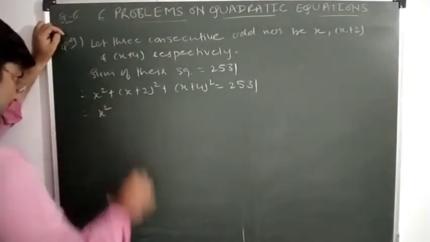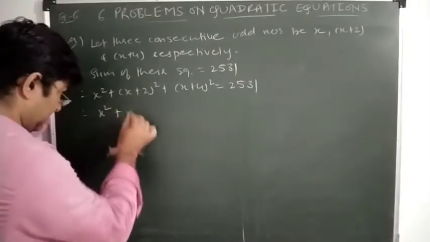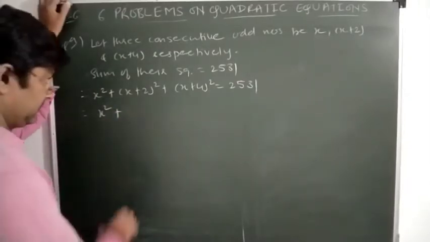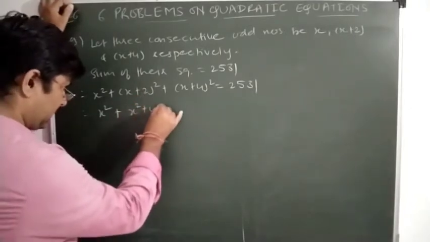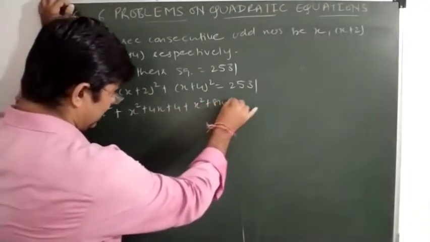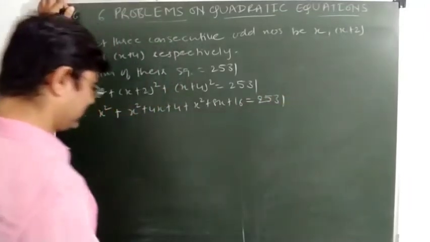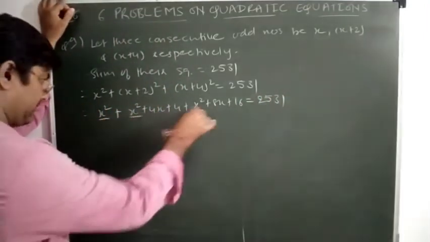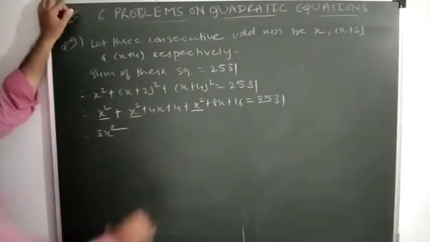And therefore x square plus, okay, here (a plus b) the whole square formula, x square plus 4x plus 4 plus x square plus 8x plus 16 is equal to 2531. x square plus x square plus x square is 3x square.